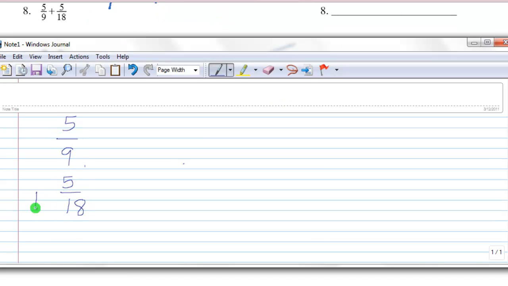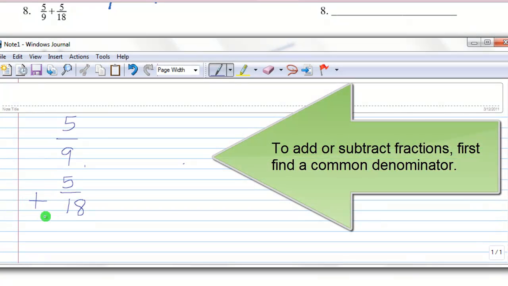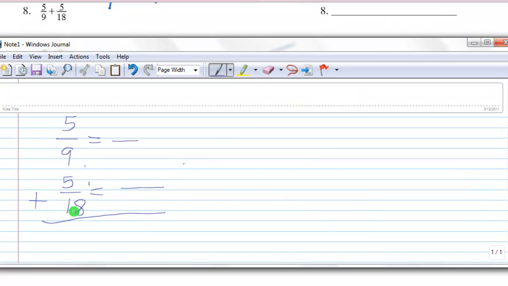In our next problem, we're adding two fractions. Now we do need that common denominator, so I'm going to set these up here. Common denominator between 9 and 18, we need it to be in the 18's table. So 18 is our common denominator. 9 goes into 18, which makes it nice. And 9 times 2 is 18, so we're going to have to multiply the 5 times 2 to get an equivalent fraction.